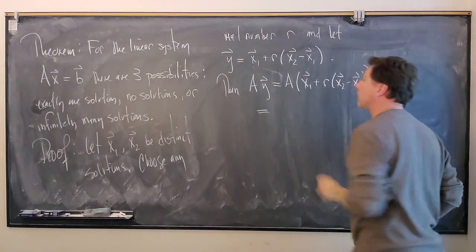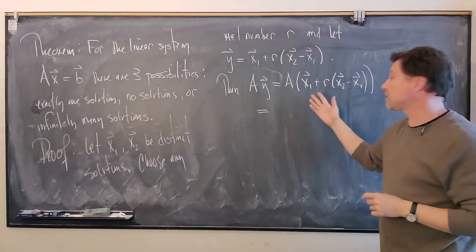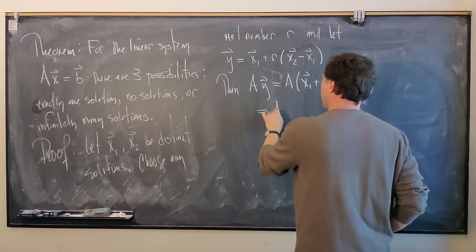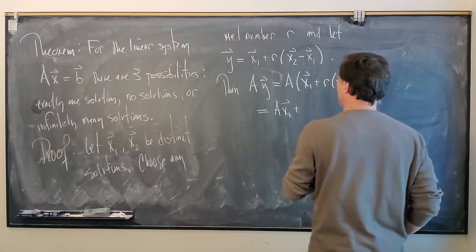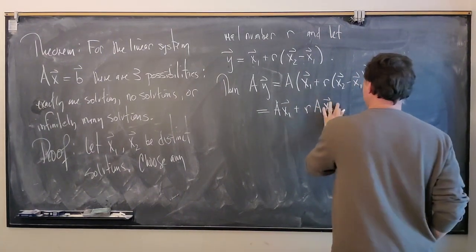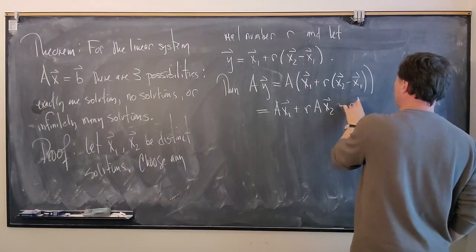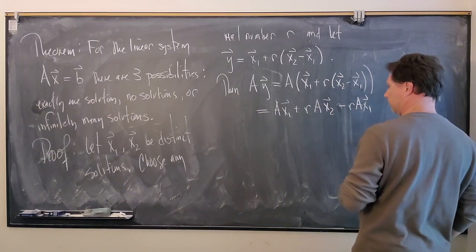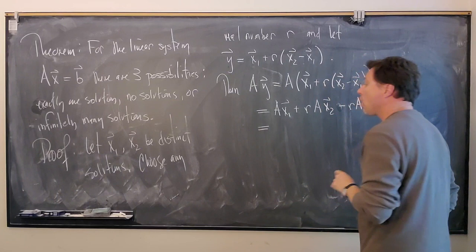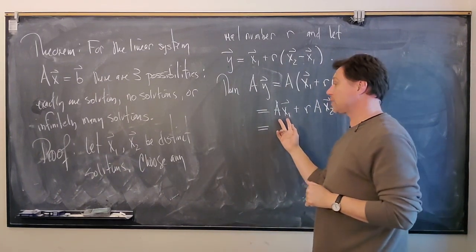And then I'm going to multiply this out. So remember, we've got some properties of matrices that allow us to simplify this. This is equal to A x1 plus r A x2 minus r A x1. Now, what do we know about A times x1?